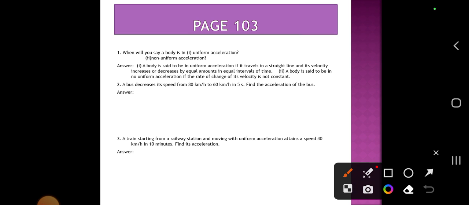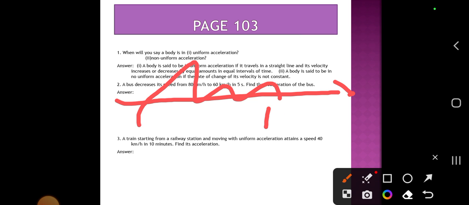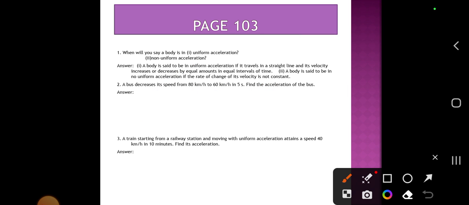So whenever any object or body travels in a straight line, its velocity increases or decreases in an equal interval of time. So that is what we can say is uniform acceleration.